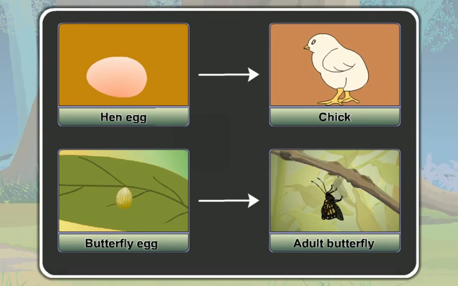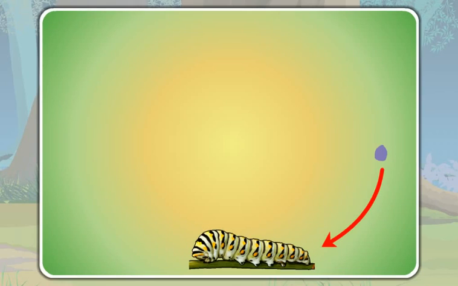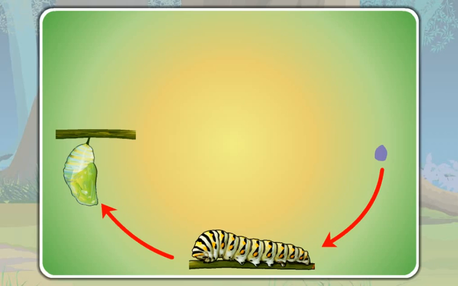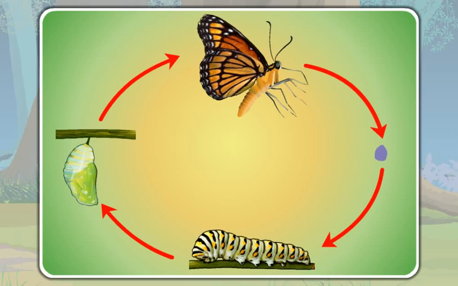Unlike an egg of a hen, an egg of a butterfly does not hatch directly into a structure that looks like an adult. First, it develops into this structure, then into this structure, and only then does it grow into an adult butterfly. So, an egg of the butterfly goes through several structures before it changes into an adult.